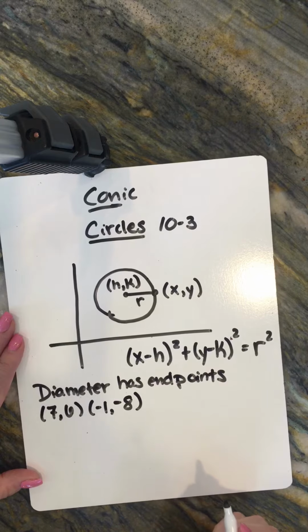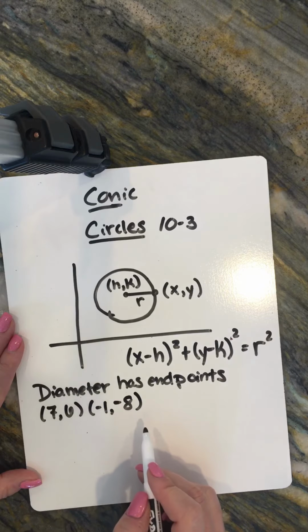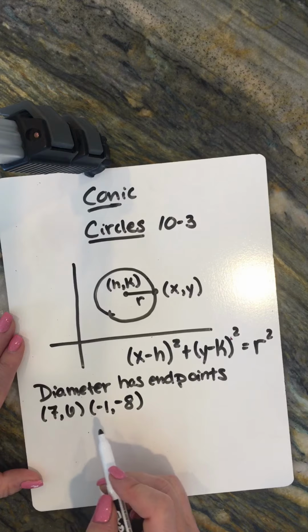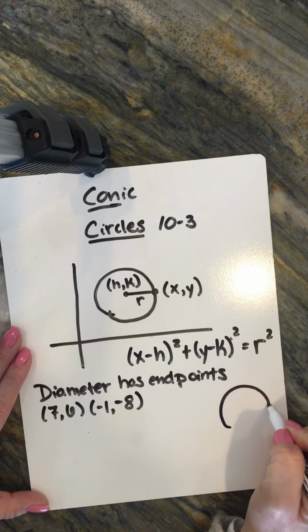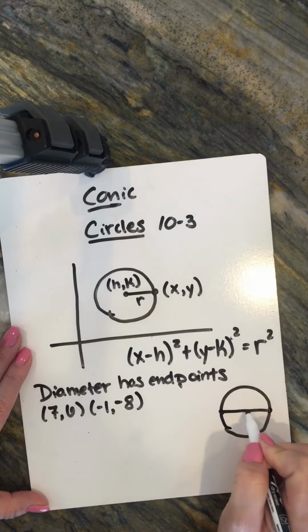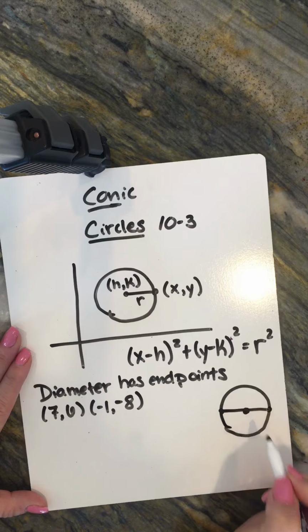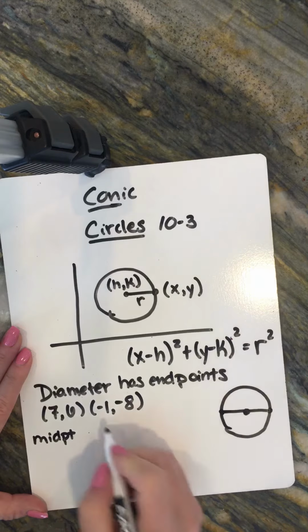This is the example I gave in class. This is the diameter, so we need to find the radius, and we also need to find the center. In between the endpoints, the halfway mark is going to be the center, the h, k. So if we find the midpoint, that gives us the center.